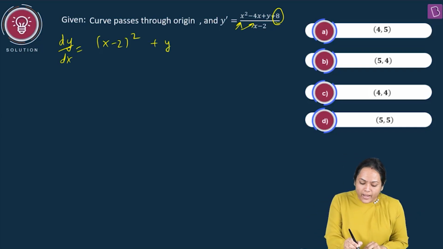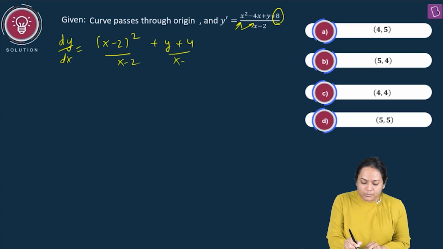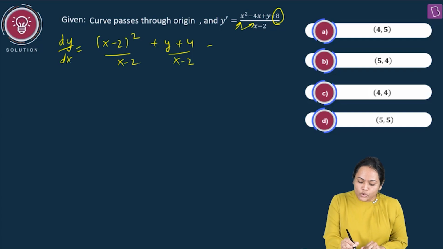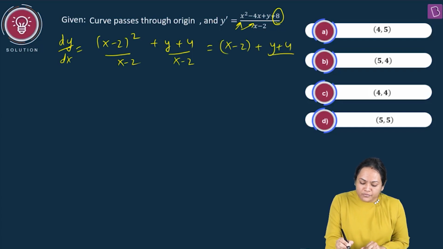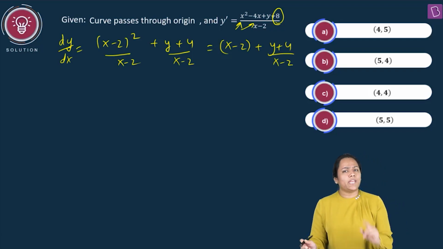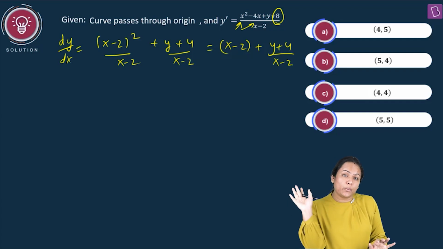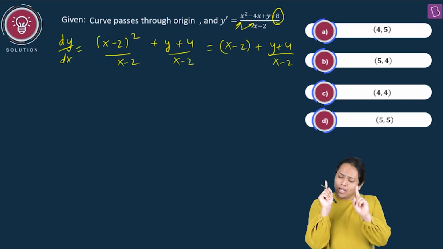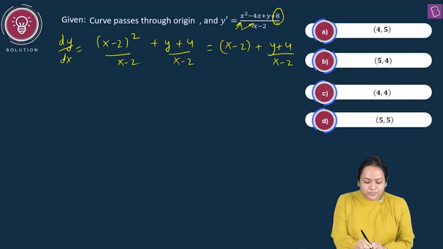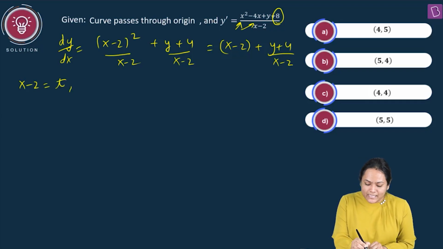So what is left is y plus 4 divided by x minus 2. I'm separating this part. So this is going to be equal to x minus 2 plus (y plus 4) upon (x minus 2). Can you see a differential equation which is of the linear differential equation type? No? Let's do one more thing. Substitution is required. x minus 2 is taken as t.